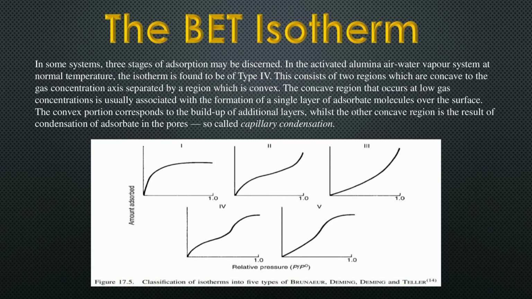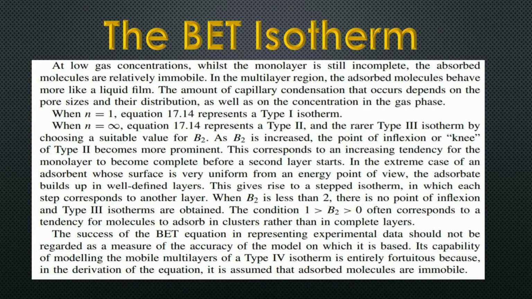So we have now the graph here, the amount adsorbed versus the relative pressure. At low gas concentrations, while the monolayer is still incomplete, the adsorbed molecules are relatively immobile. In the multilayer region, the adsorbed molecules behave more like a liquid film.